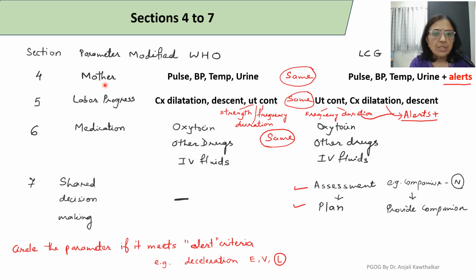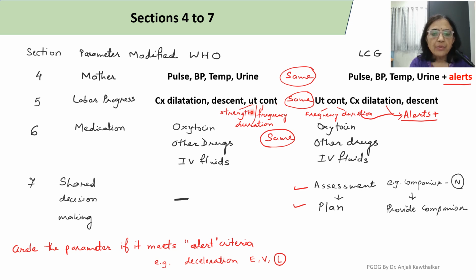Now the remaining sections 4, 5, 6 are almost the same for the modified WHO and LCG. Only difference is in alerts, that we have alerts for the maternal parameters such as pulse, BP, temperature, and urine examination. One difference here in the labor progress is though parameters are same: cervical dilatation, descent, and uterine contractions.